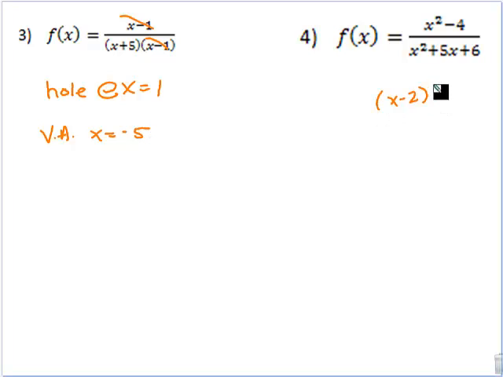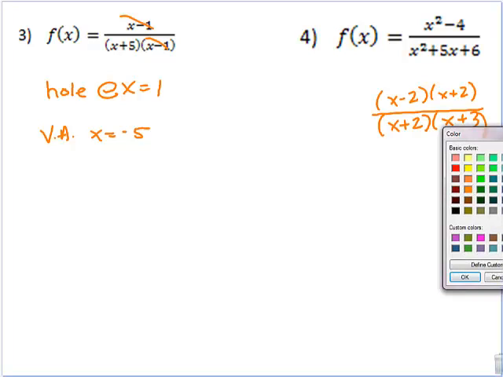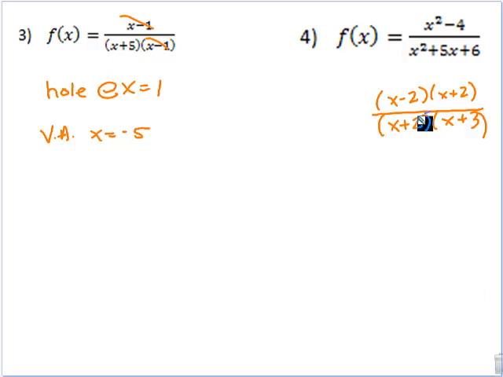Yep, x minus 2, x plus 2. x squared plus 5x plus 6? Yep, x plus 2, x plus 3. Anything cancel? The x plus 2s cancel. Since they cancel, what does that tell us? Yep, the hole is at x equals negative 2.